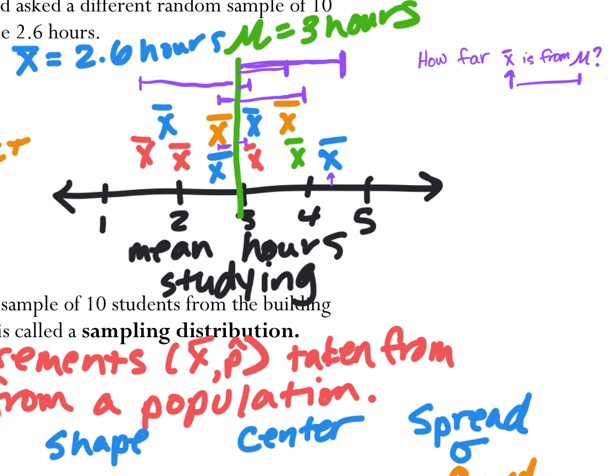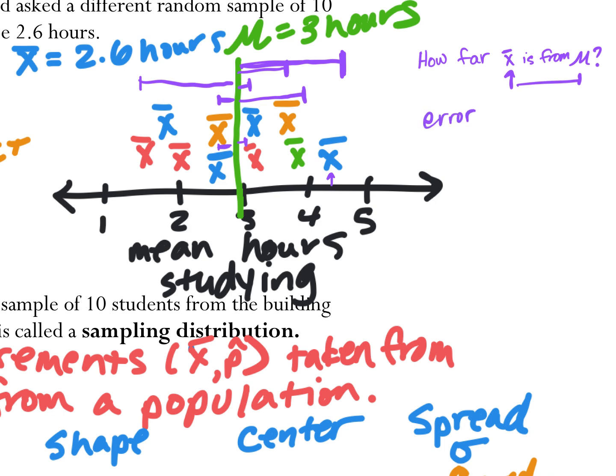Since our goal is always to use that statistic, whether it's X bar or P hat, to estimate the population value, that's going to be our goal over and over again: to use the sample mean to make conclusions about the population mean.